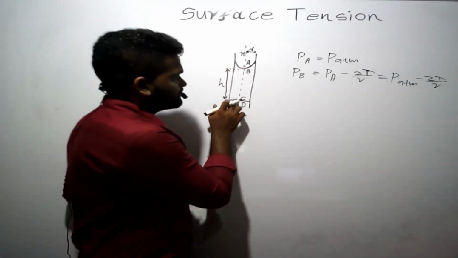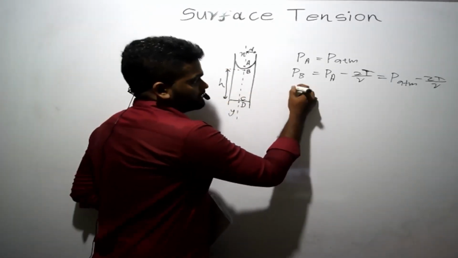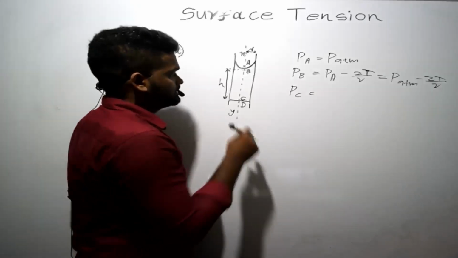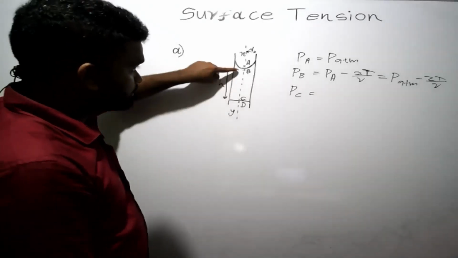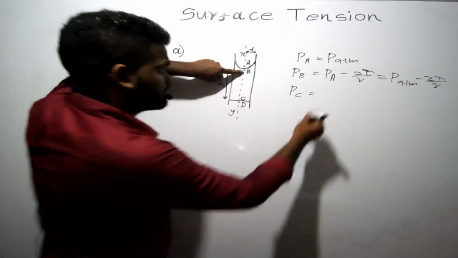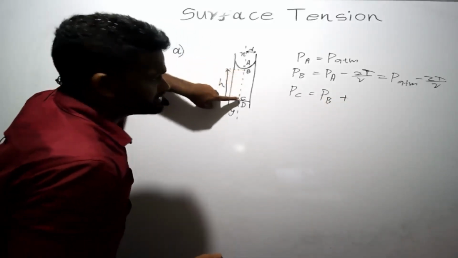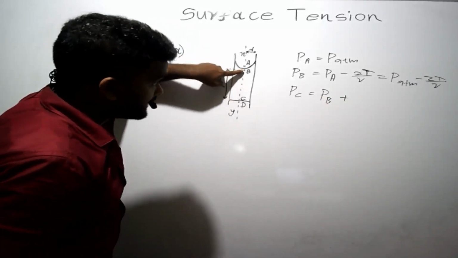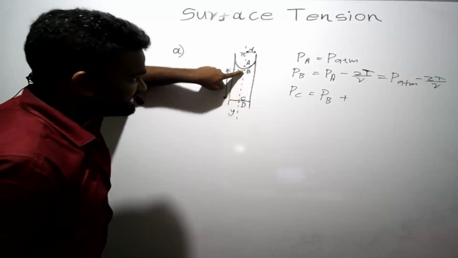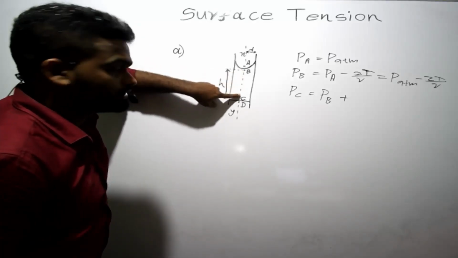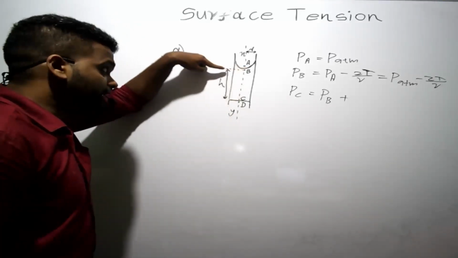Then let's try the pressure at C. How do we write that? If we know the pressure at B, from here to here it is hydrostatic pressure, just the liquid column. That pressure you can find using h rho g.